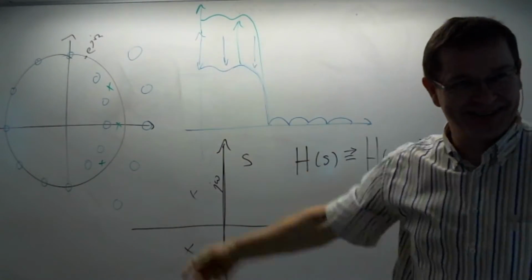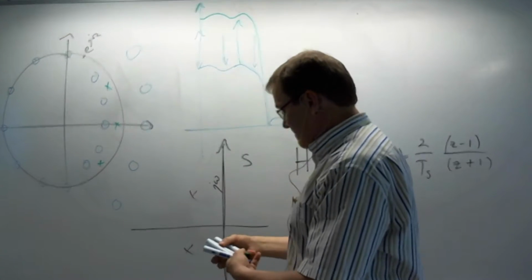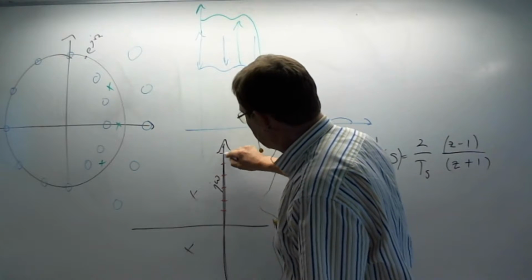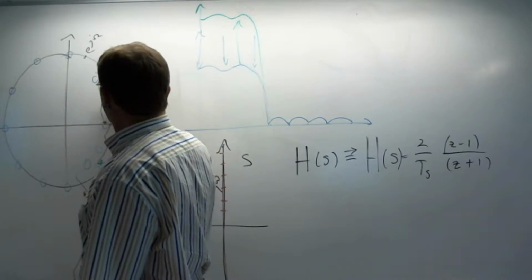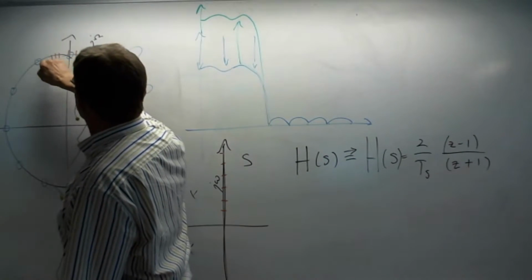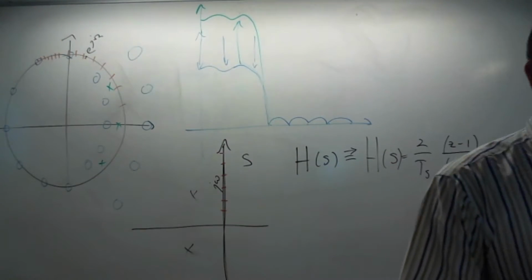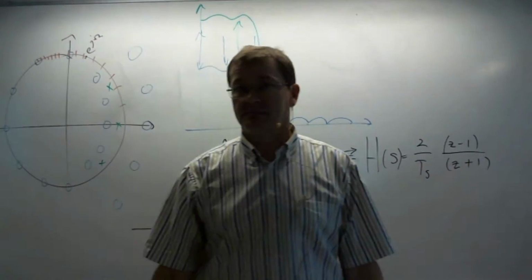Basically it maps these frequencies here. If you have a somewhat linear scale here, it will map that in a very nonlinear manner on this unit circle.